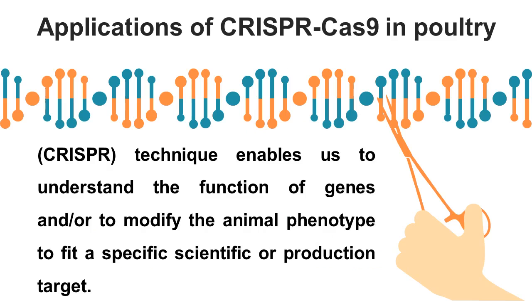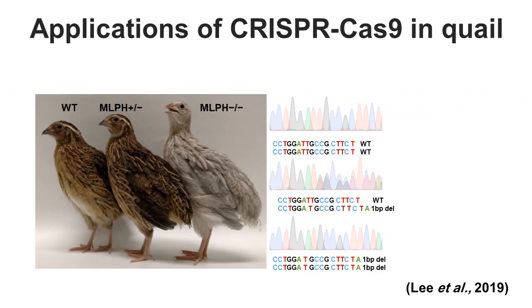Applications of CRISPR-Cas9 in poultry. The CRISPR technique enables us to understand the function of genes and to modify the animal phenotype to fit a specific scientific or production target. First application is the application of CRISPR-Cas9 in quail. Scientists modified primordial germ cells in vitro and injected them into the blood vessel of the egg.